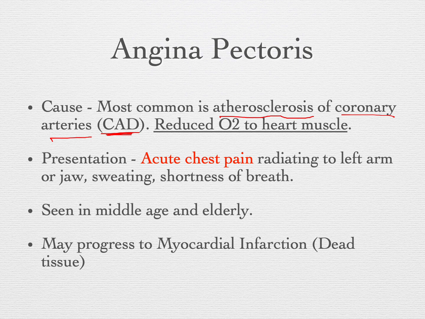This will lead to a reduced oxygen to the heart musculature, and a person presenting with angina pectoris will have acute chest pain which radiates to the left arm or jaw. He'll also present with sweating and shortness of breath or gasping of breath. This condition is seen in the middle-aged and elderly, and this condition may progress to the myocardial infarction.